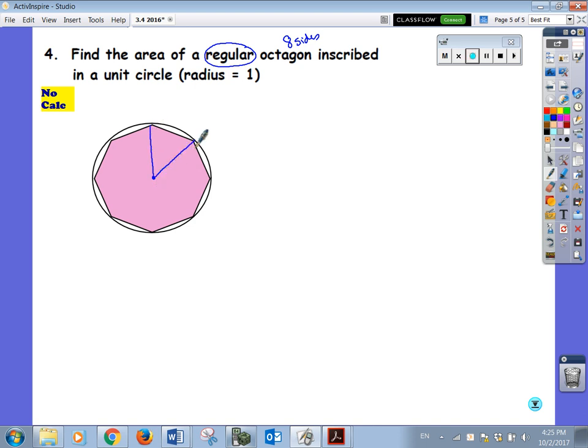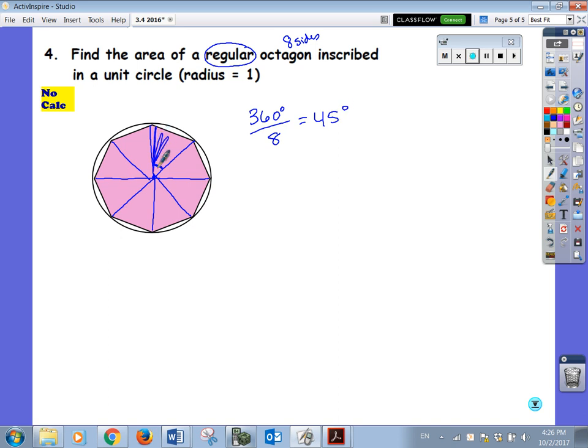So there's one triangle. 2 triangles, 3, 4, 5, 6, 7, and then 8. So there are 8 triangles. Since it's regular, that means that each of those angles is the same. So 360 degrees divided by 8 is 45 degrees.